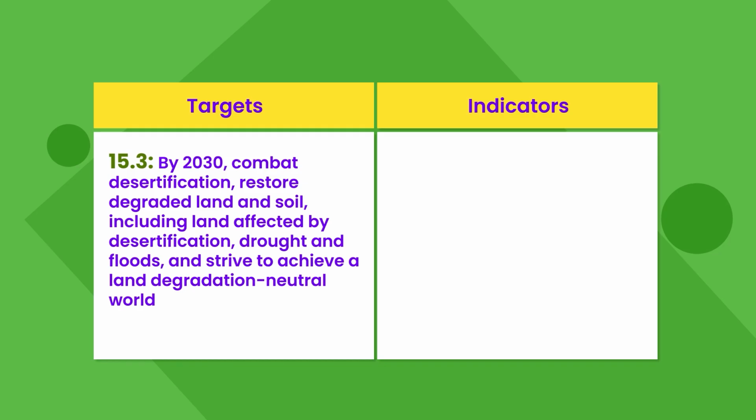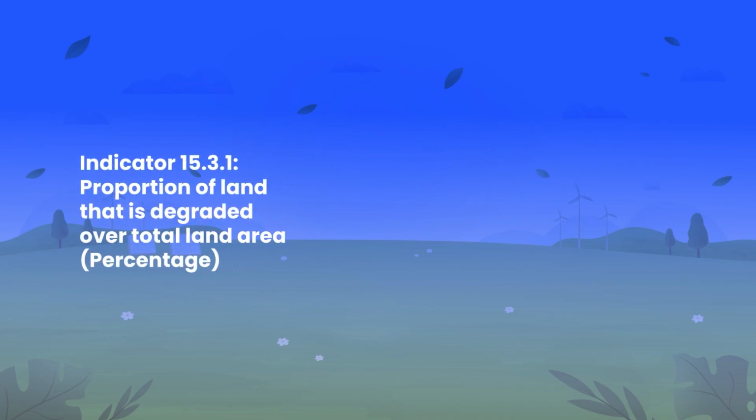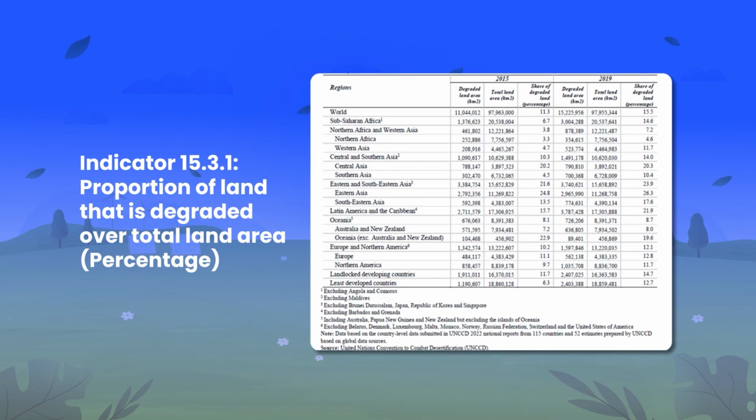To look into this, we have indicator 15.3.1, the proportion of land that is degraded over total land area. Here the share of degraded land in 2019 is 15.5, compared to 11.3 in 2015 globally. So the share of degraded land is increasing.